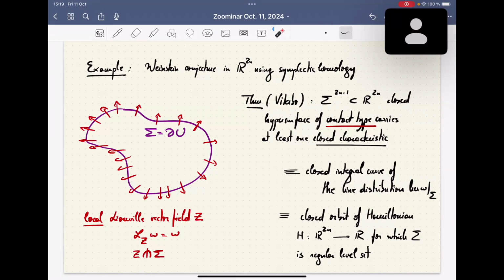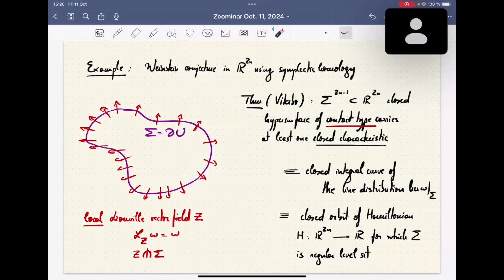A closed characteristic is a closed integral curve of the line distribution determined by the kernel of the restriction of omega to the hypersurface. In a different incarnation, if we think of the hypersurface as being an energy level set, meaning a regular level of a Hamiltonian, then this is a closed orbit of the Hamiltonian system on that energy level set.